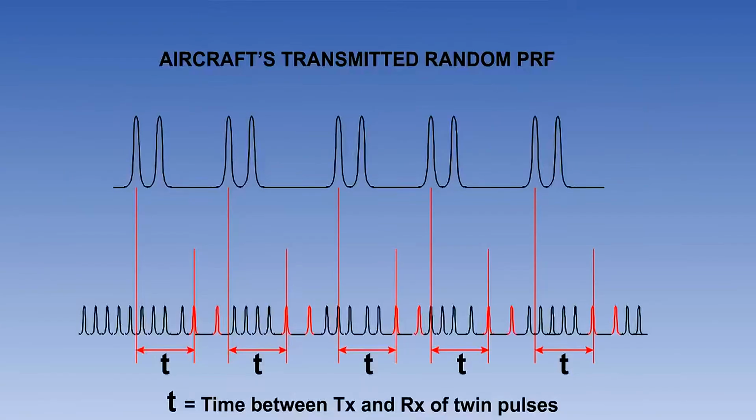When a ground station, the transponder, receives an interrogation pulse, it sets up gates to match the random PRF, pulse repetition frequency, of the transmitted twin pulses. Electronic gates essentially blank out signals with other patterns. The responses on the transponder's carrier frequency include an individual aircraft's paired pulses plus those from other aircraft.